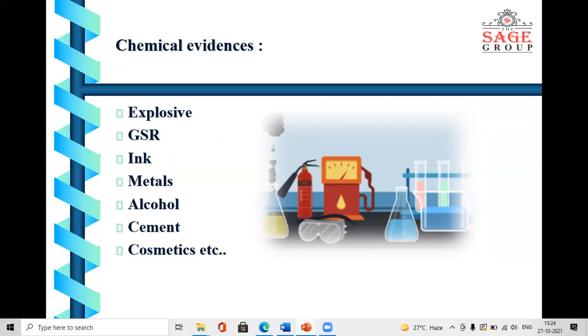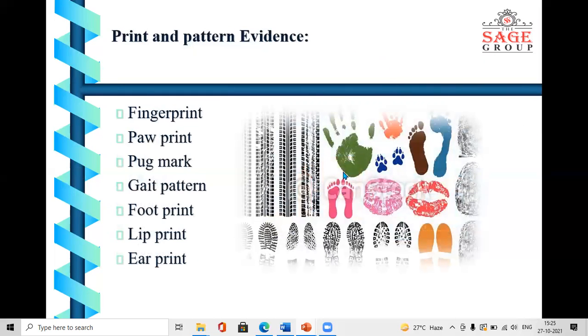Ink consists of chemicals; by combining chemicals, we form the ink. Metals are chemicals too, as you studied elements, metals and non-metals, they are chemical compounds. Cements, cosmetics, etc. Now I'm going to talk about print and pattern evidences.